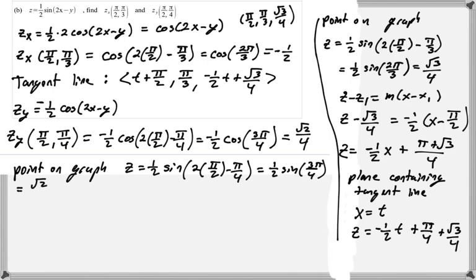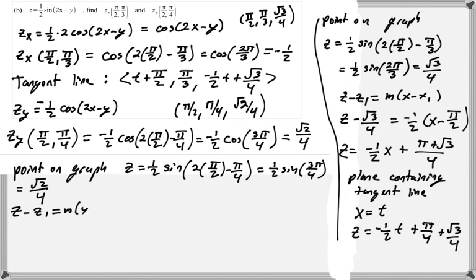And so that's going to be equal to root 2 over 2, which is the sine of 3 pi over 4, times the 1/2 gives us the root 2 over 4. And so the ordered triplet we'd have there is pi over 2, comma pi over 4, comma root 2 over 4. Okay.